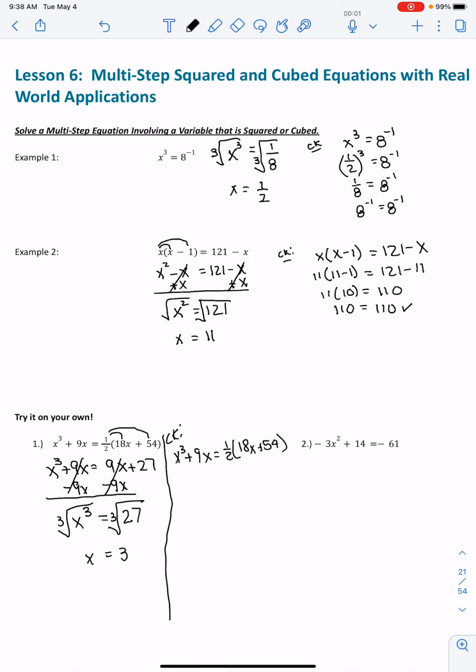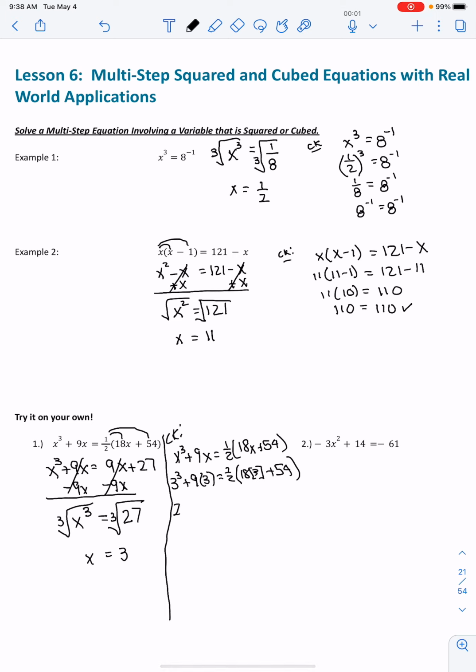So now what I have is 3 cubed plus 9 times 3 equals 1/2 times 18 times 3 plus 54 in parentheses.